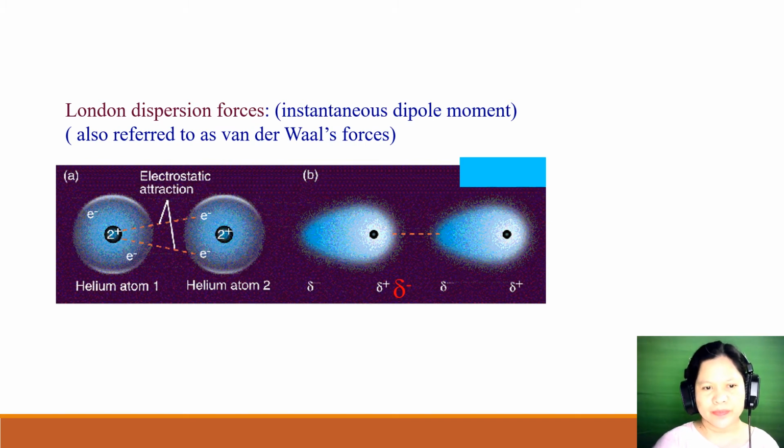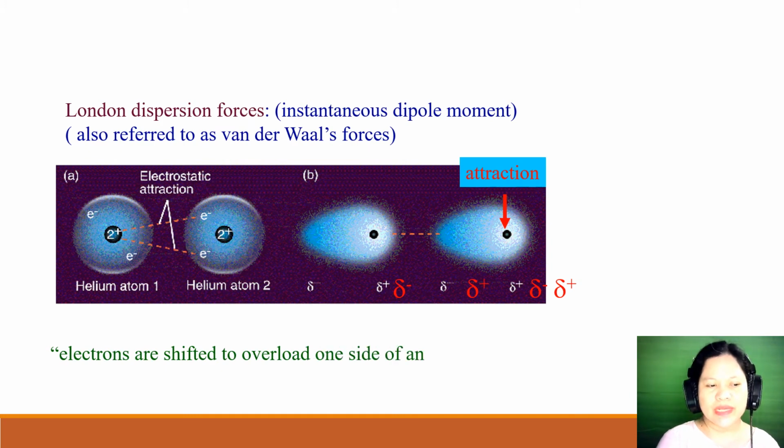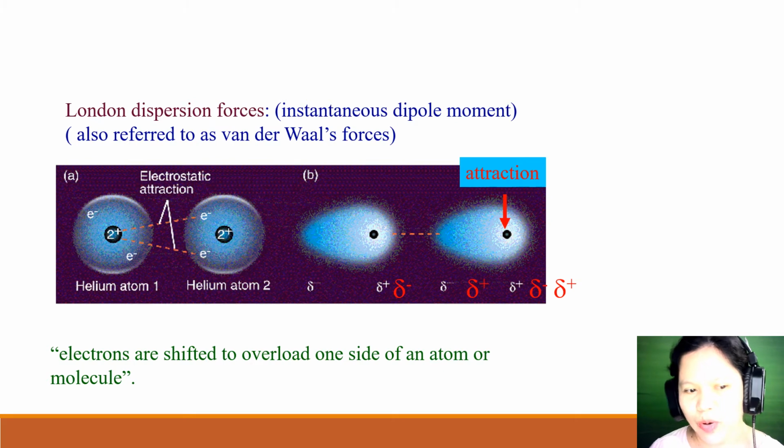The electrons surround the helium atom, and that creates the attraction. It says here that electrons are shifted to overload one side of an atom or molecule. Now, as you can see in the diagram, they are only located on a particular side of the molecule.